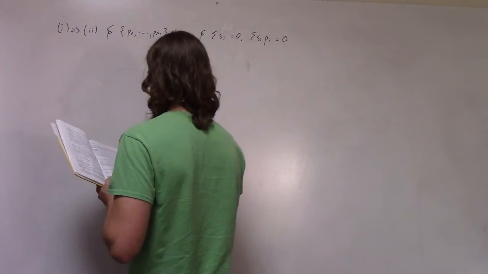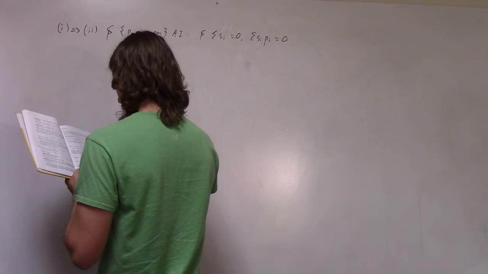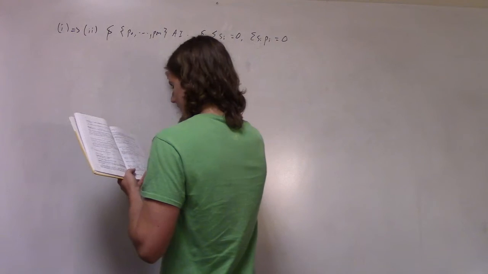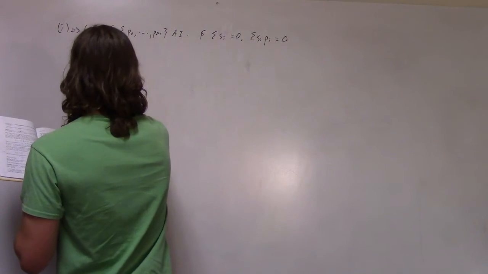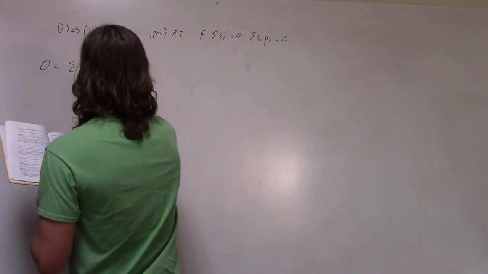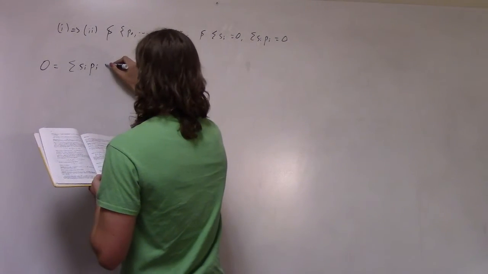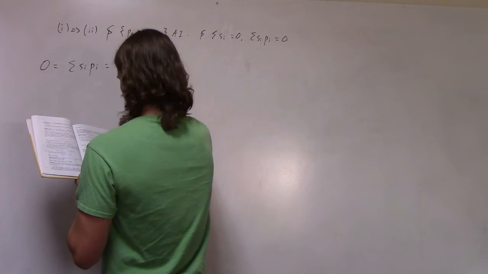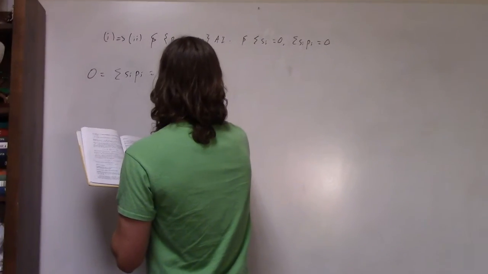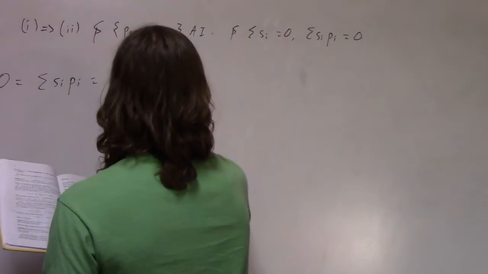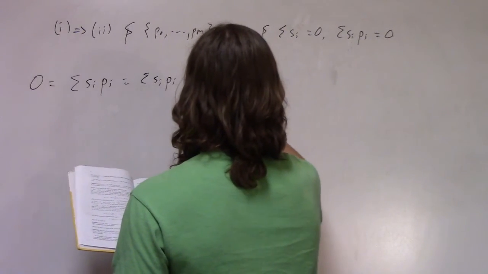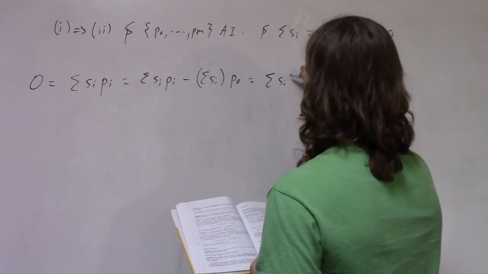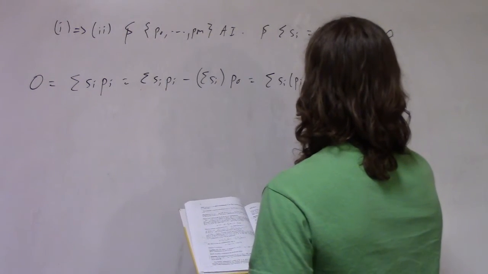Right. It's just a permutation. Just a permutation, yeah. So what we're trying to show is that each of these is going to equal 0. So we have that 0 equals the sum of Si Pi, which is equal to the sum of Si Pi minus the sum of Si, which is equal to 0, times P0, which is equal to the sum of Si times (Pi minus P0).